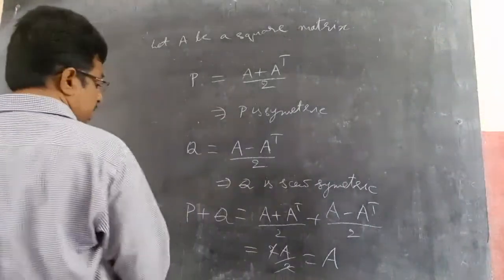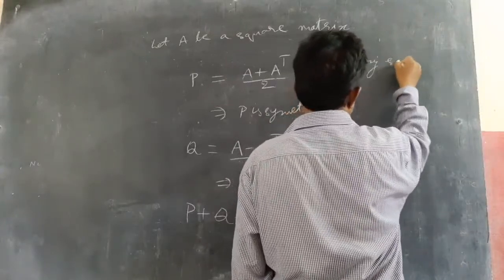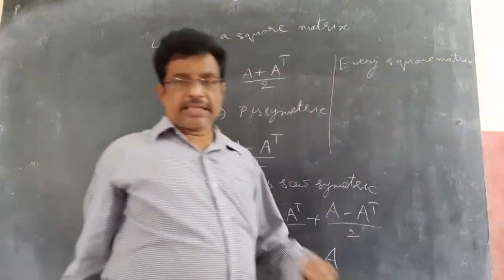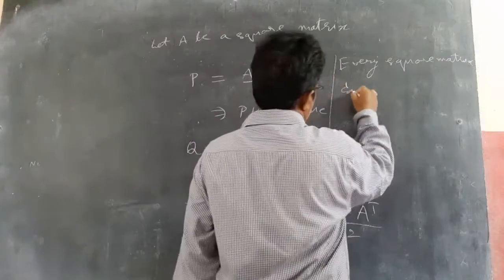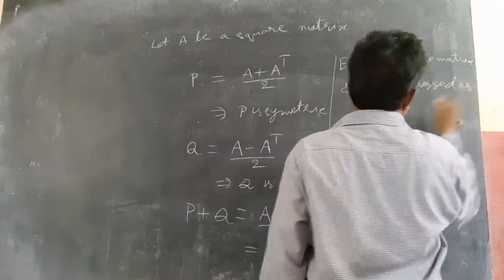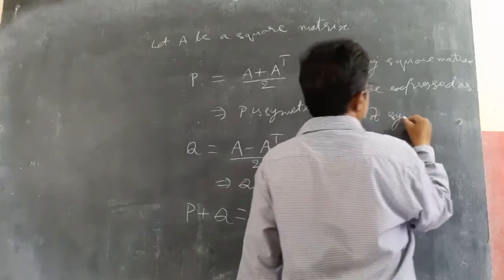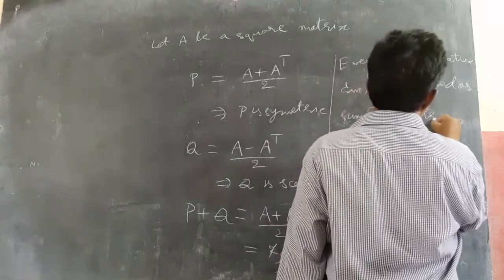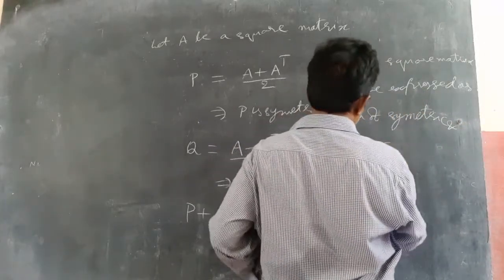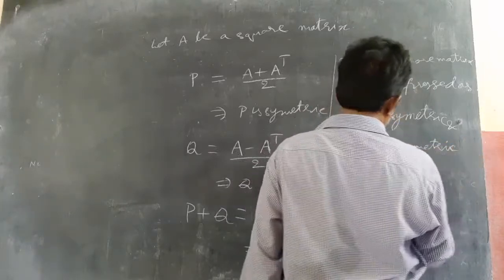Implies every square matrix can be expressed as the sum of symmetric and skew symmetric matrices.